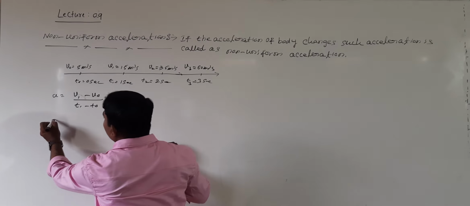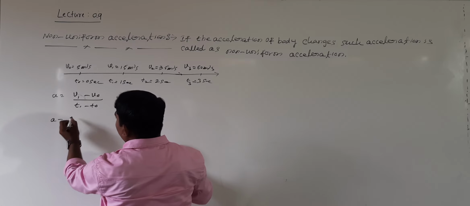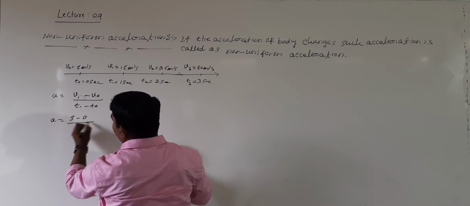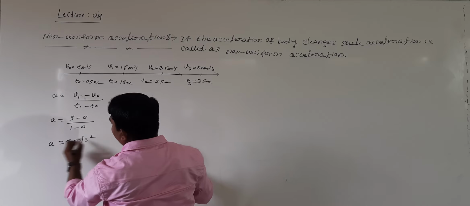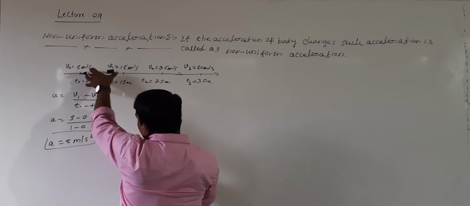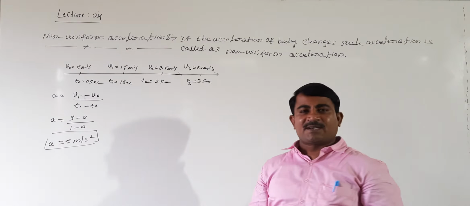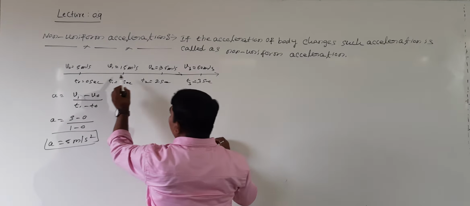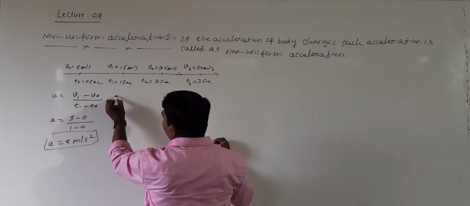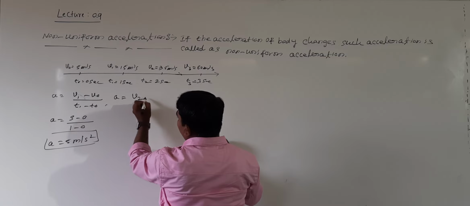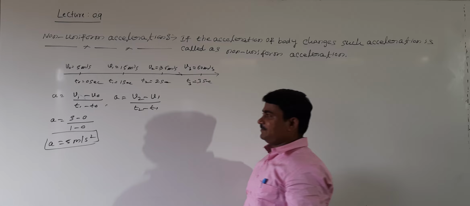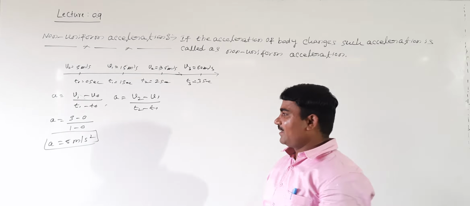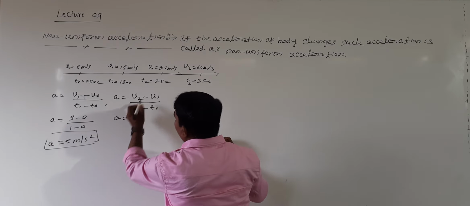Now, what about acceleration here? Acceleration is equal to 5 minus 0 divided by 1 minus 0. Acceleration is 5 meters per second squared in this interval. Then in the next interval, acceleration is V2 minus V1 divided by T2 minus T1.